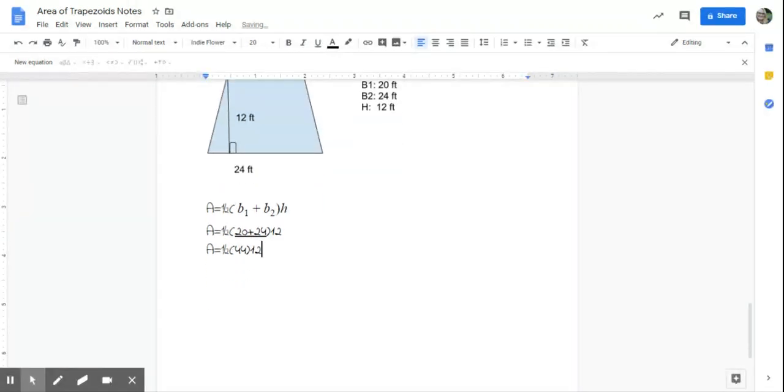So if you wanted to, in this case, you could do 1/2 times 44 or 1/2 times 12. Personally, I would divide this if possible because I don't want my numbers to get big. So I'm going to go with the biggest number that I can divide in half really easily. That happens to be 44.